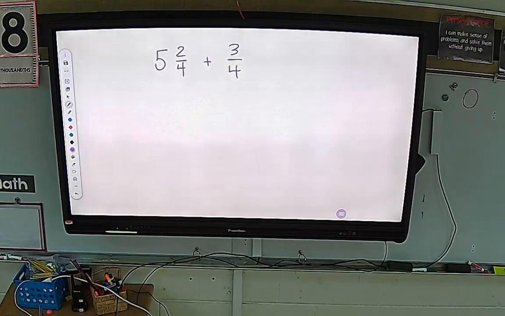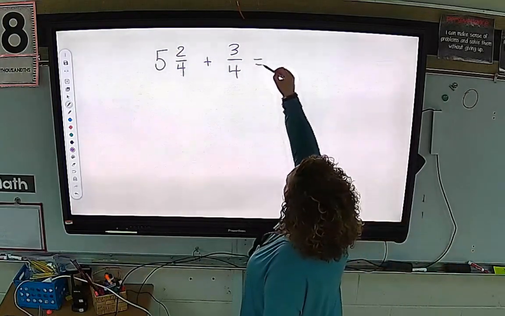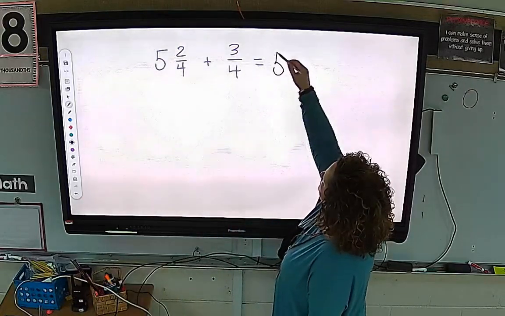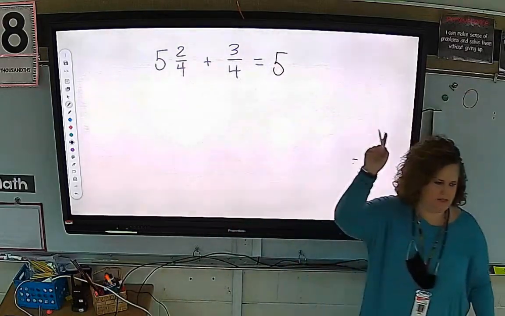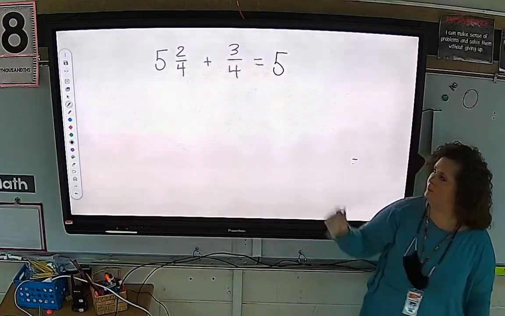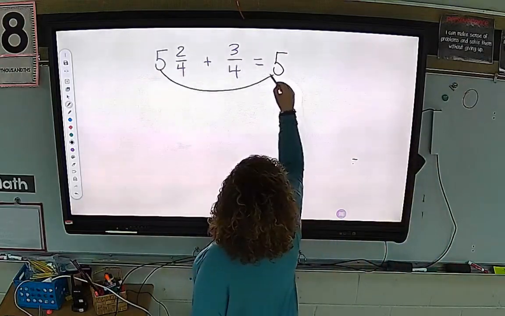All right, get with me. Now let's work this Reagan's way first. Remember how she said to pull over the whole number and then just add the fraction pieces. Okay, so I pulled over the 5. I just pulled it over here.